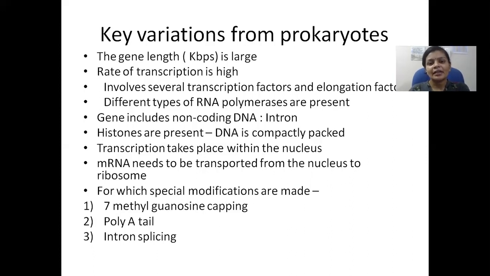And there are many RNA polymerases present in eukaryotes. At least 3 different types of RNA polymerases are there, whereas in prokaryotes there is only one type of RNA polymerase which is capable of transcribing all the genes present in a prokaryotic organism.